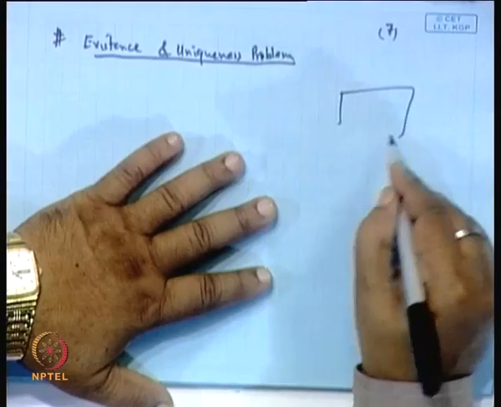What is the existence and uniqueness problem in the case of, say, a norm space, or in the case of a metric space?